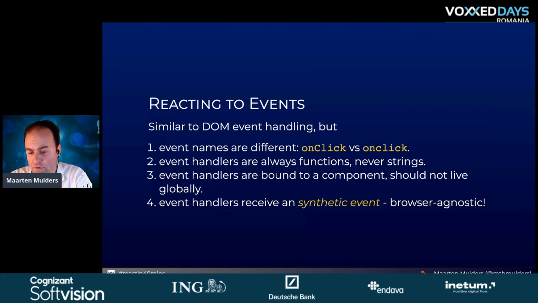An event handler is always bound to the component that owns it, and it can never live globally, which also makes it easy to clean them up, because if the component gets cleaned up, the event handler is automatically removed as well. And the event handler can receive an event parameter, but that's actually a synthetic one. It's not the raw browser event, but it's a little thin wrapper around it, so it becomes browser agnostic, and your web app doesn't need to check if it's running inside Chrome or Firefox or any other browser.